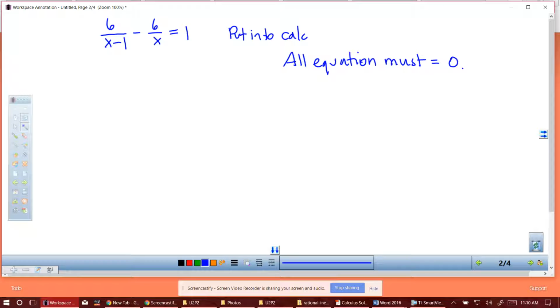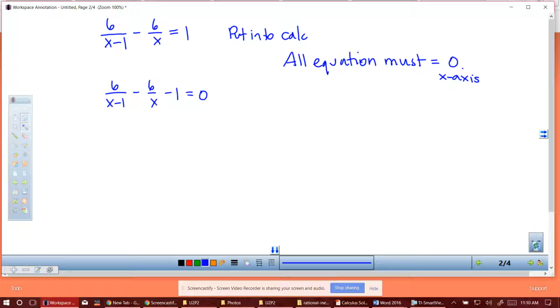For greater than and less than, if everything's equal to 0, then 0 is the x-axis. So if I set it equal to 0, I want to look for things to be positive, which is simply above the x-axis versus below. So I want to write this problem now as 6 over x minus 1, minus 6 over x, minus 1 is equal to 0.